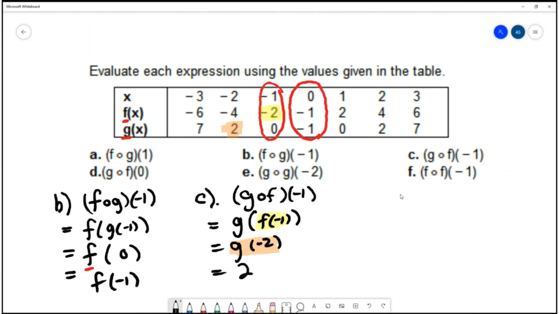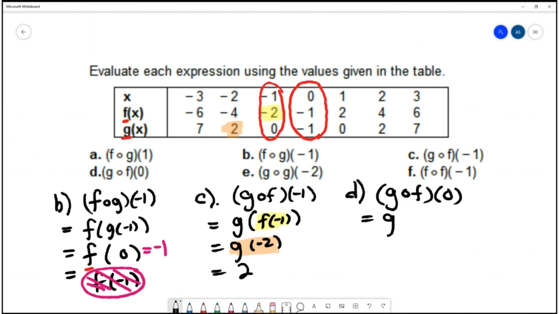Okay, I'm just taking a look at what I wrote down on this previous example here, and I think I need to correct that. F of 0 is negative 1. Okay, so part D, I want to find g composed with f of 0. This is g of f of 0. I'm going to erase a few of my markings here.